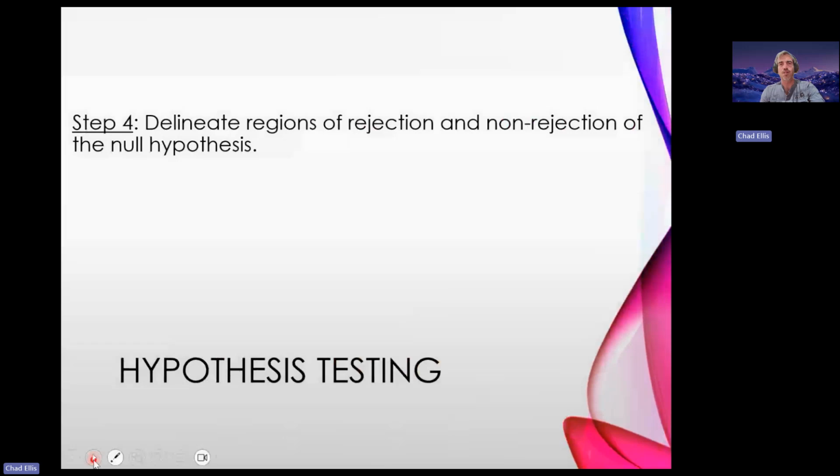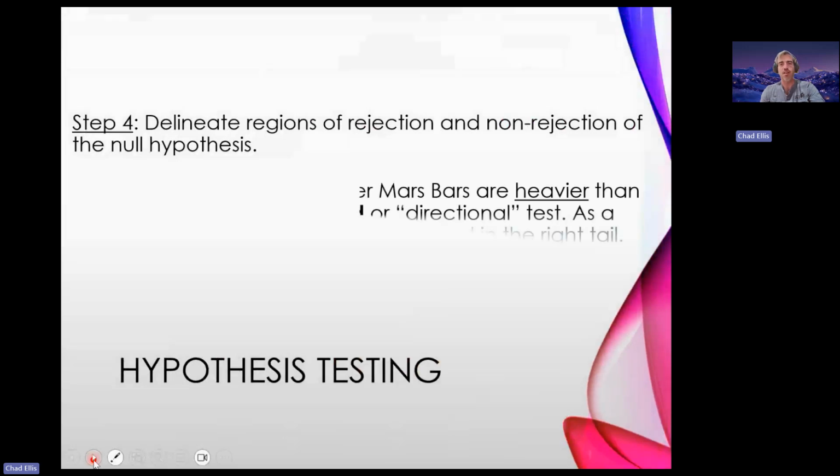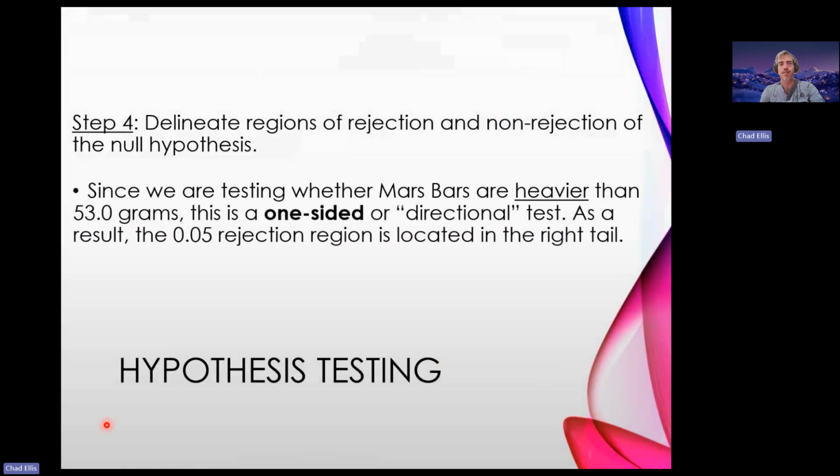Step 4, we're going to determine what our regions of rejection and non-rejection of the null hypothesis are. In this case, since we're testing to see whether the Mars bars are heavier than 53 grams, this is going to be a one-sided or directional test. So we're going to put all of that 0.05 rejection area in the right tail.